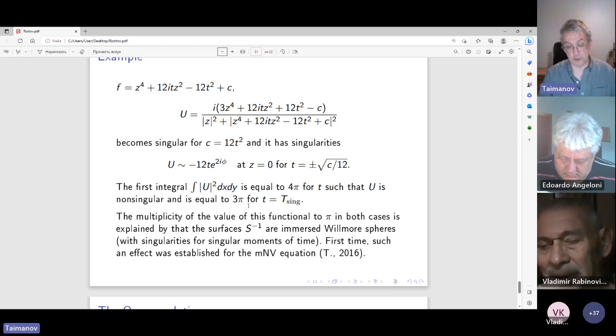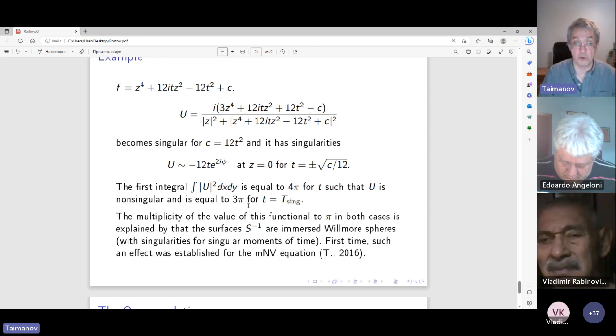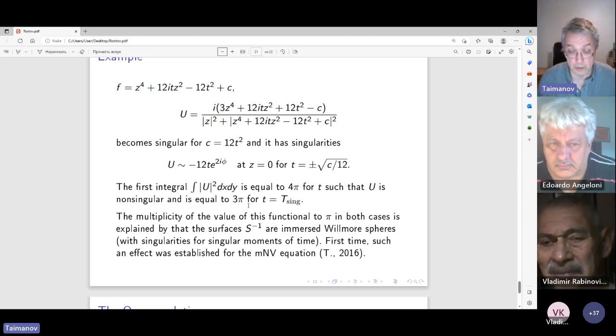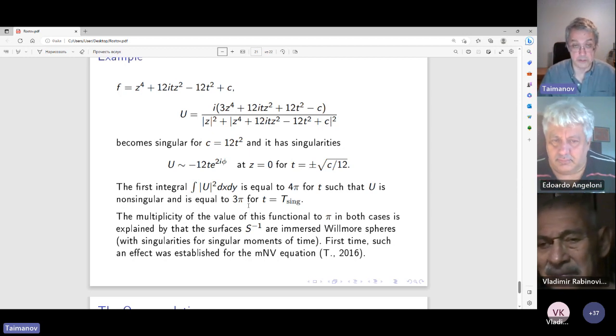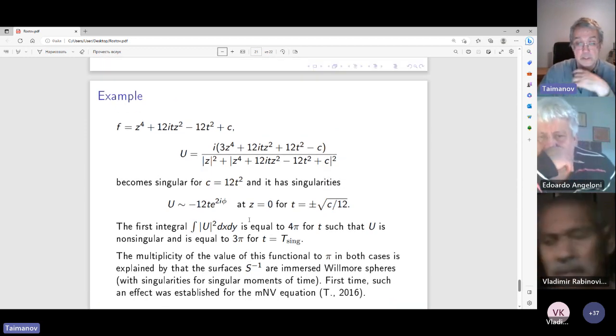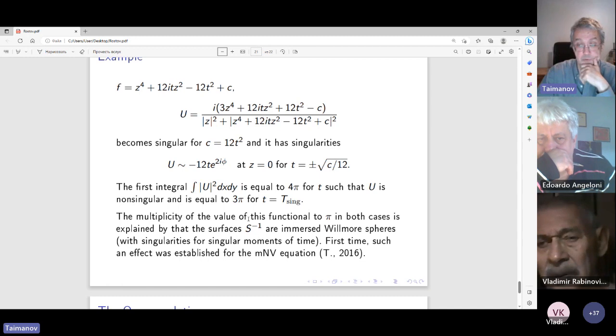We do have not only Willmore spheres, but Willmore spheres with branch points, the points at which the first fundamental form vanishes. This is a branch point. So this explains how Willmore spheres, a subject of differential geometry, explain this quantization of the Willmore functional.